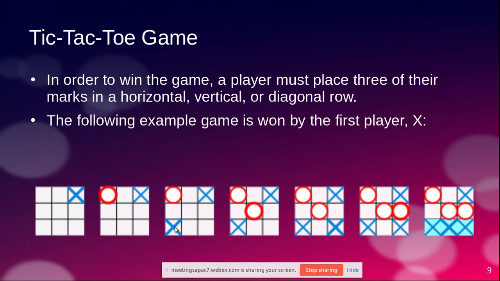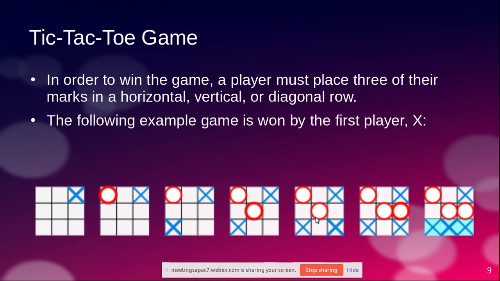The first player places a cross here, then the second player sees that there is a danger here. So if this is left blank, then player 1 will use this and win. So it blocks it. Done. Now player 1 sees a potential danger here, because if this cell is left open, then this may be used by the second player. Therefore, it tries to block this.